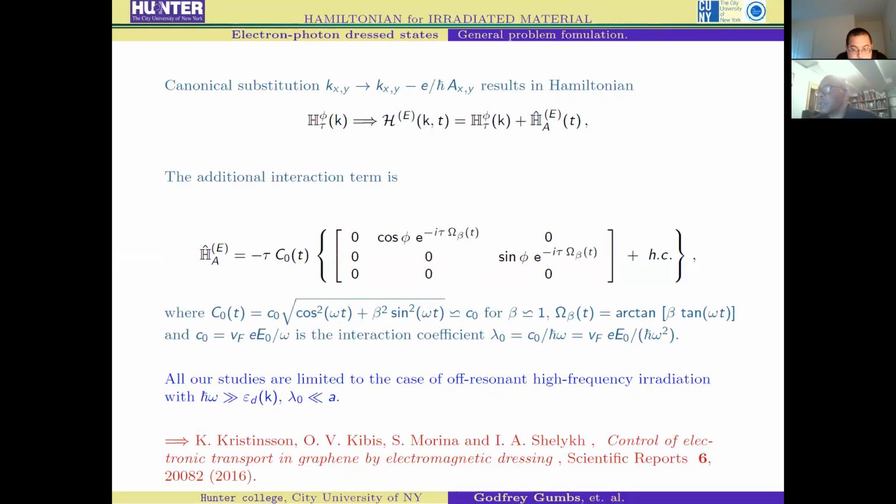Okay, so let's see what we have. We started off with an originally time-independent Hamiltonian. We did this substitution and ended up with a time-dependent Hamiltonian. The time-independent part of the Hamiltonian gave us the eigenvalues, the energy subbands. The question then is, what do we do with this Hamiltonian which depends on time?